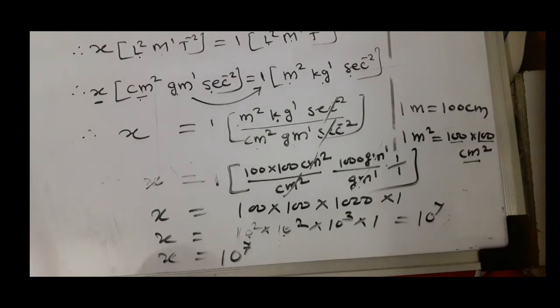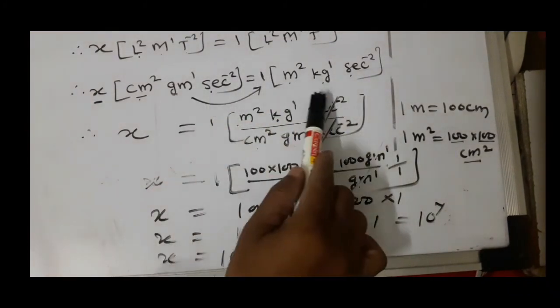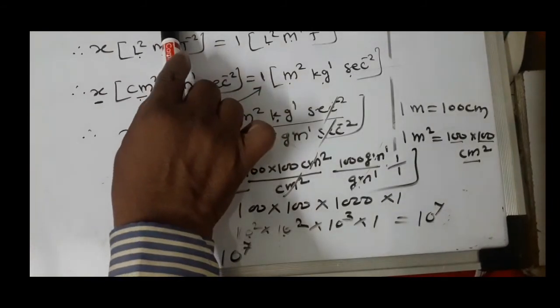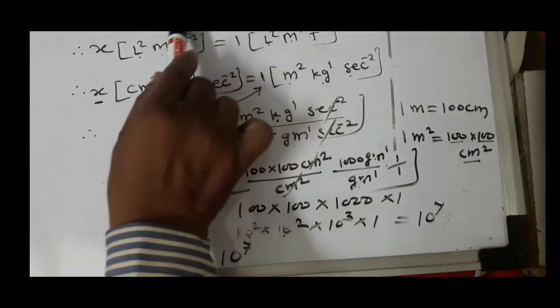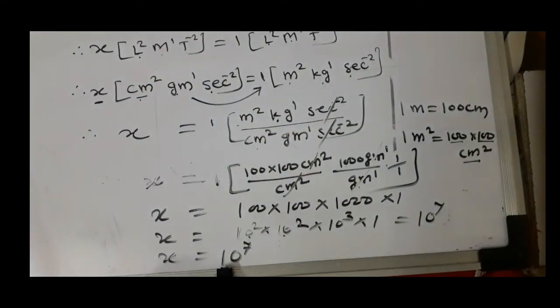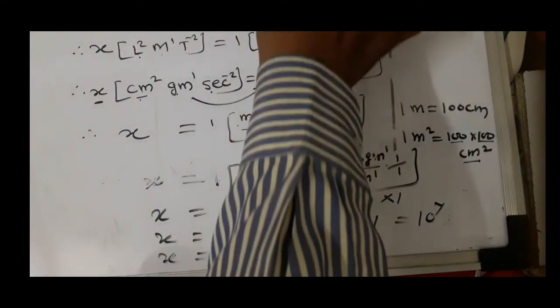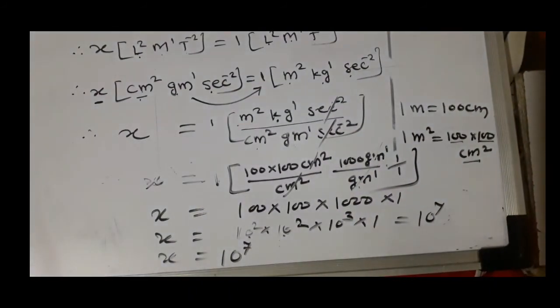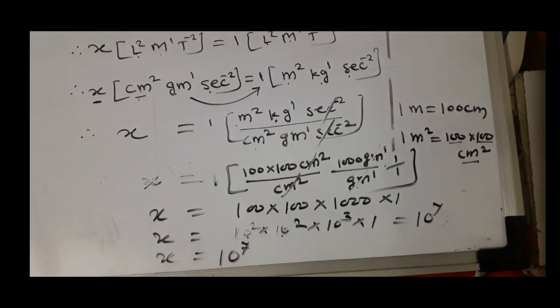Understand this, how we can find the conversion factor between two units of the same physical quantity. That means two units, the erg and the joule, the SI unit and the CGS unit. The conversion factor is 10 raised to 7, and the work is the same physical quantity. Therefore, we can find this conversion factor, X is equal to 10 raised to 7. Then we substitute this conversion factor: X ergs is equal to 1 joule.